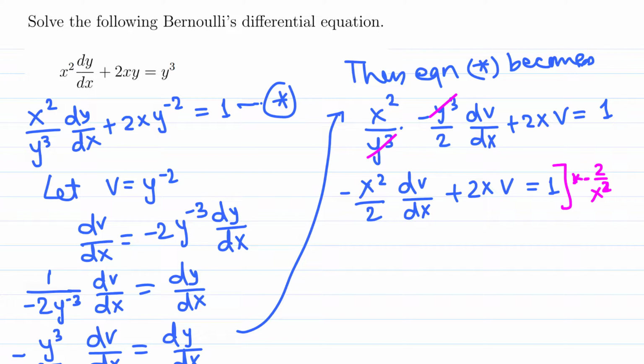Then this cancels, dv over dx. Negative times positive is negative, 2x over x squared, one copy of x cancels, 2 over x, and I have v equals 1 times negative 2 over x squared.